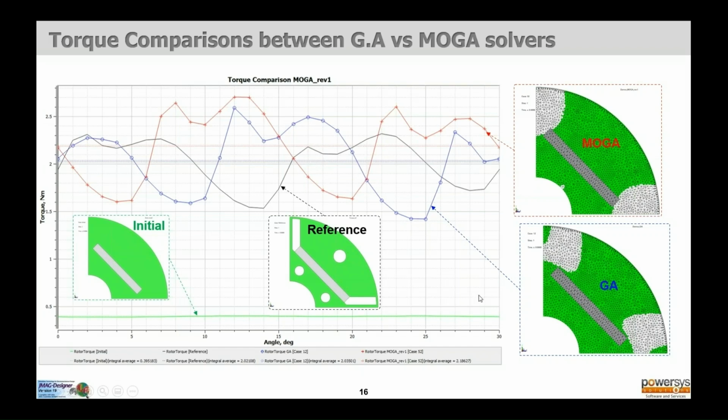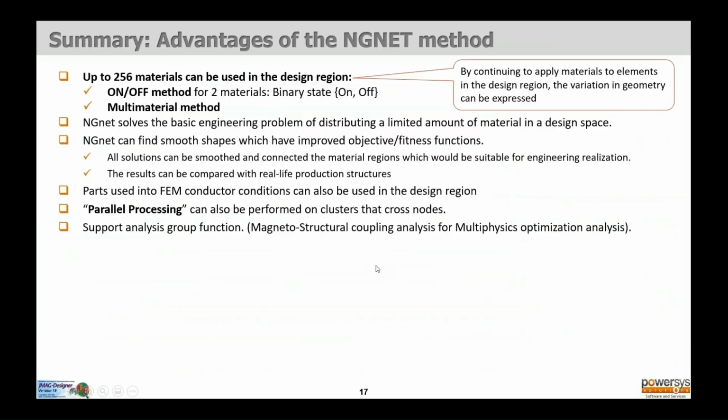So there are a lot of advantages to this method. For example, you can use up to 256 materials. You can also use parallel processing. You can use the parts that you have defined in the FM conductor, in the design region.